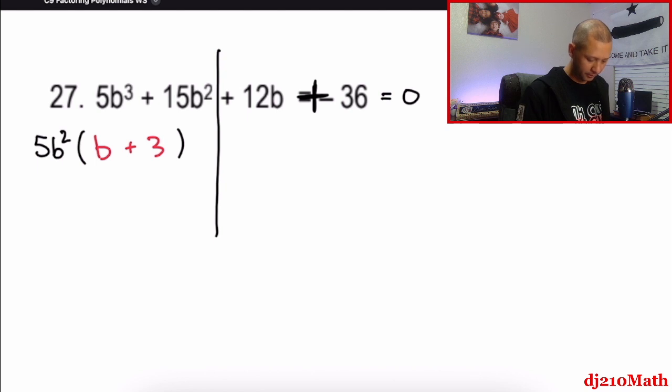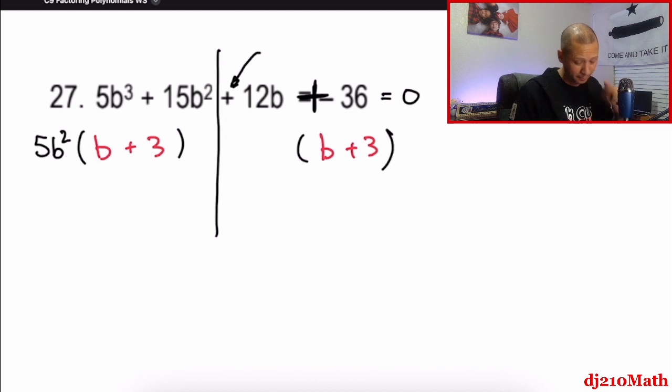B cubed, 15b squared, so we good. On the right, I know I want b plus 3 to show up. Let's see if we can make it happen. This is positive, so I'm not taking out a negative, I'm taking out a positive 12. And this is true. B times 12 is 12b. 12 times 3 is 36, positive.